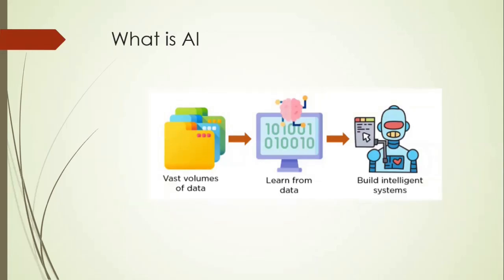And from the data and the algorithm, it builds an intelligent system. So the system understands everything, predicts everything, does synthesization based on the volume of data and the algorithm we put there, and based on that it behaves. So that's artificial intelligence.